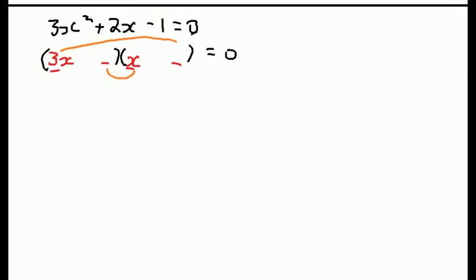Let's make our unknowns, the first unknown here to be a, and the second one to be b. So this is what we are going to have: bx plus 3ax is equal to 2x, because when you multiply these and add them or subtract them, it's supposed to give us 2x.